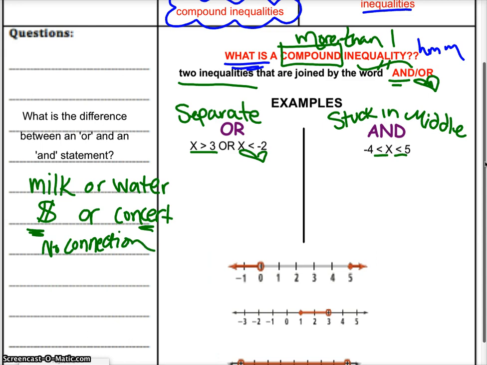An and statement means you can have a connection. Like you can have money and you can go to a concert. If your parents say you can have money and go to a concert, that's connected. That's not separated. Or you can have coffee and a movie. Another thing that's connected. You don't have to choose to only do one. Or is separate, and are together, connected together.